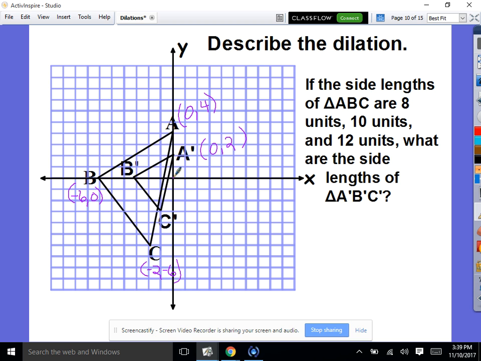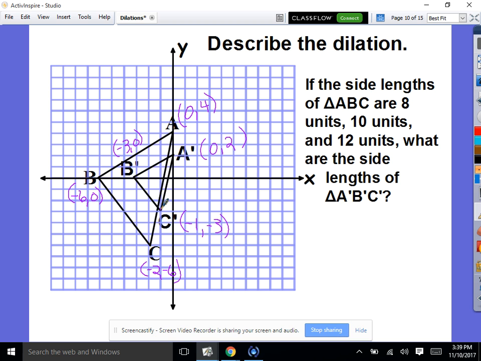So B prime should be -3, 0. Let's write that down and count it out. -1, 2, 3, 0. Yes. And C prime should be half of -2 is -1. Half of -6 is -3. So let's count that out. -1, -1, 2, 3. So that is correct.